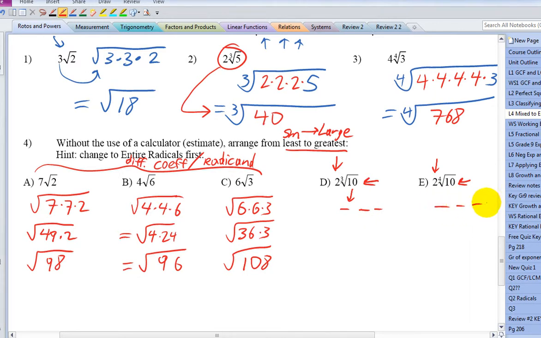This one would be 4 numbers that multiply to 10. So this number here would be larger. So right away, without even knowing the value, D is bigger than E.